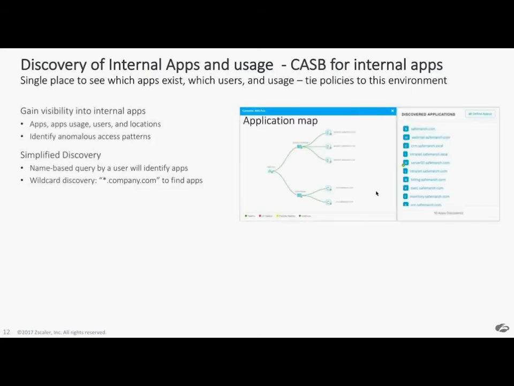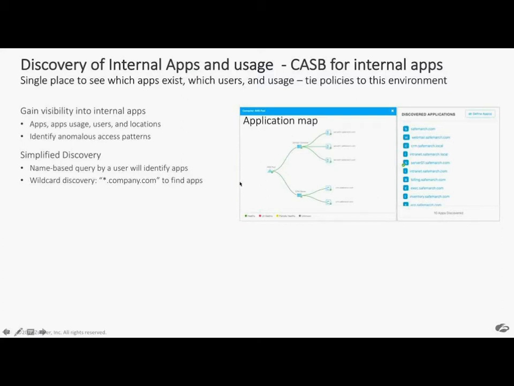Similar to the cloud application security brokerage tools that Zscaler provides for internet access, we can do that for your internal access. So to give you visibility of those internal applications, where those applications exist, and who is accessing them.